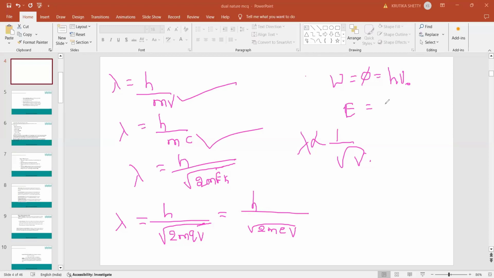Then next we discussed in terms of lambda: hc upon lambda naught. Then next, Einstein's relation.